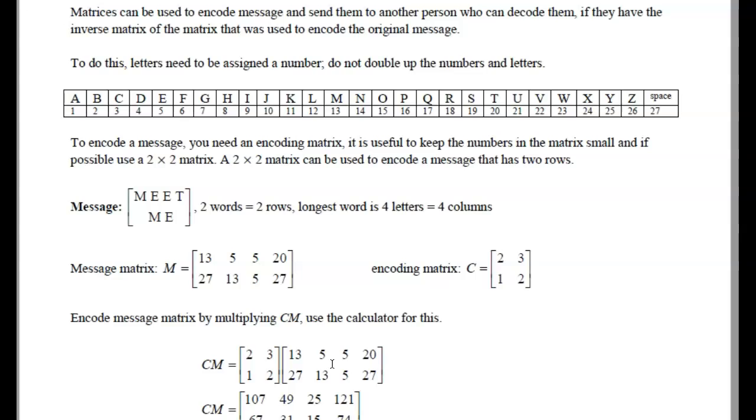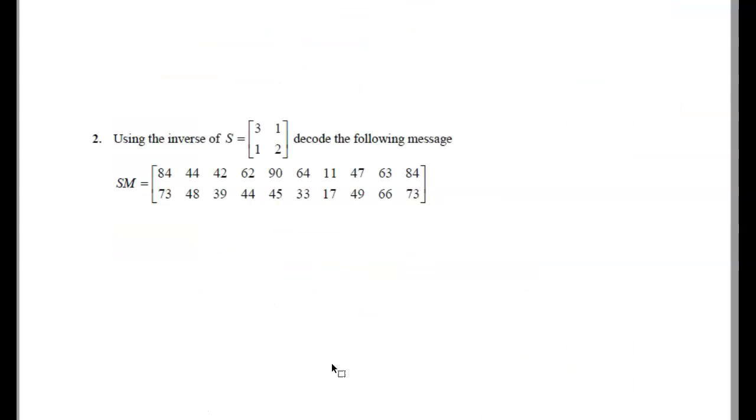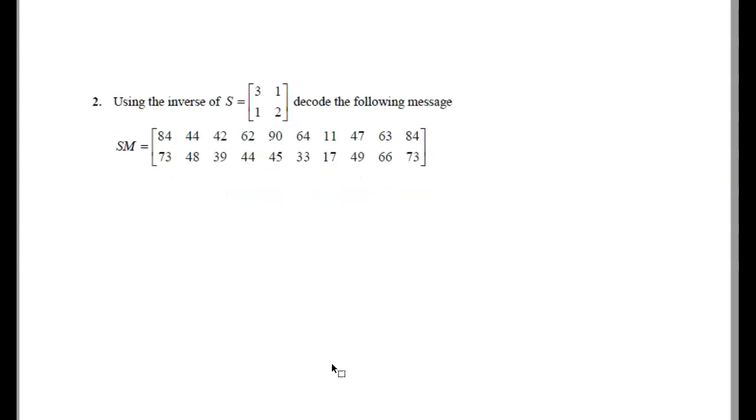Okay, so there's another example down the bottom. All right, you can do it if you like. I'll give you the answer. I think it was something like ship sails tonight or something like that. I did it earlier and I thought, what a boring message. So if you want to go ahead and do it, it's something like ship sails tonight. I think there's another word maybe at the end, but you can see that the good thing about using codes is the same letter doesn't give the same number.